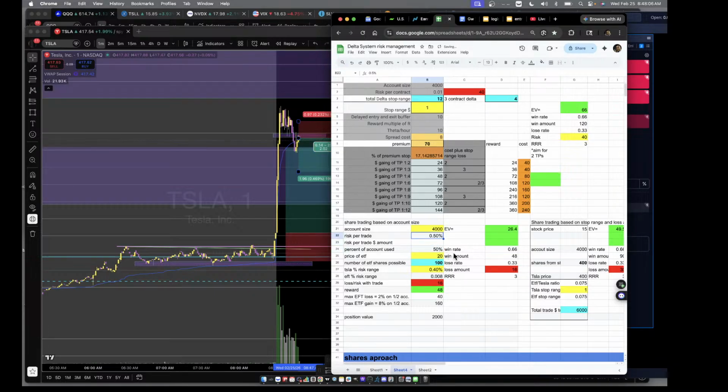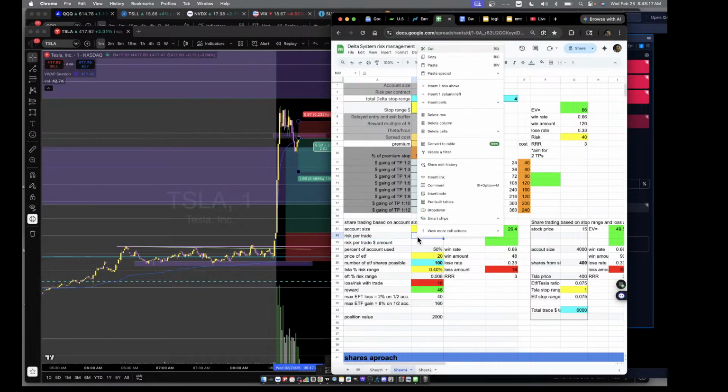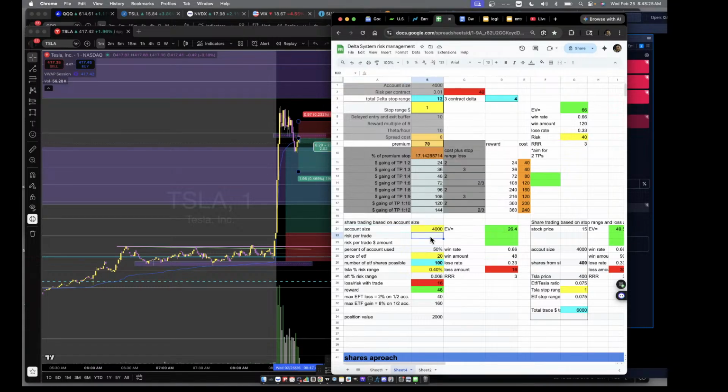I need to change this to 0.0. No. How do you remove the percentage? Reset. No, bro, come on.